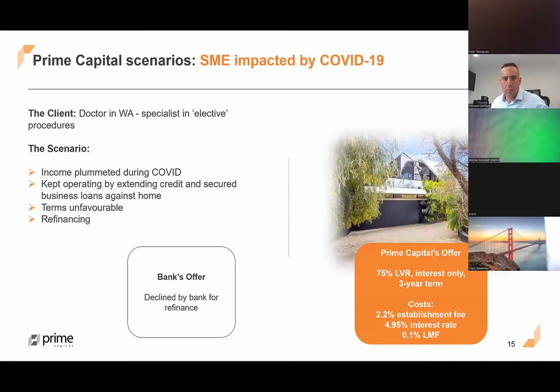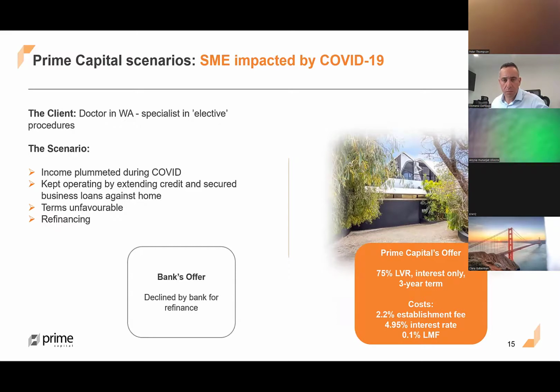This was an SME client of mine over in WA, a very successful orthopedic surgeon. He had all his bank accounts with ANZ. Unfortunately, because elective surgery was not available during COVID, he essentially funded his whole business for 2 years on credit cards.